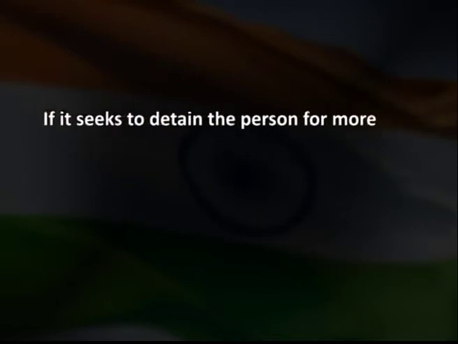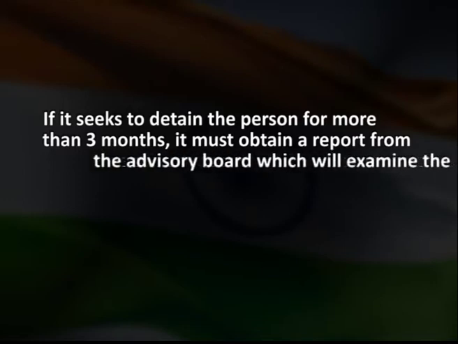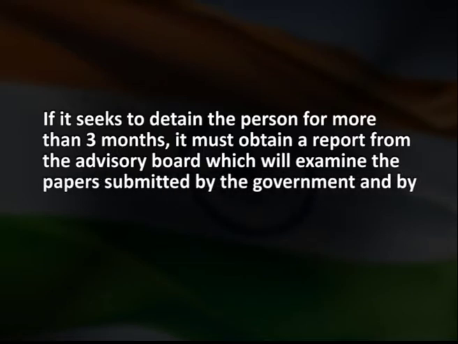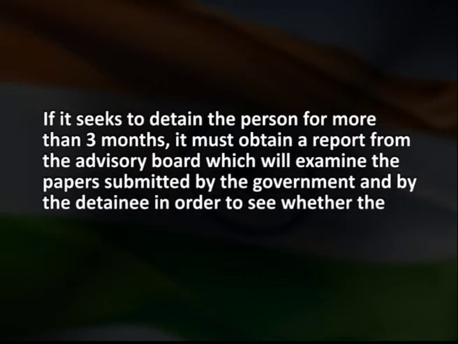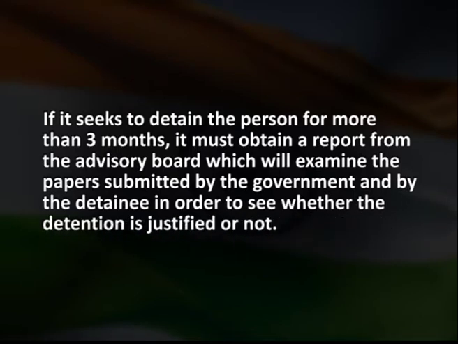If it seeks to detain the person for more than 3 months, it must obtain a report from the advisory board, which will examine the papers submitted by the government and by the detainee in order to see whether the detention is justified or not.